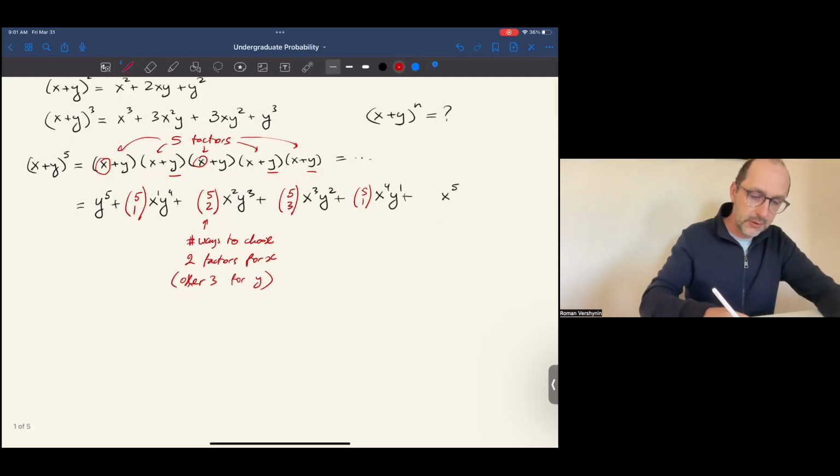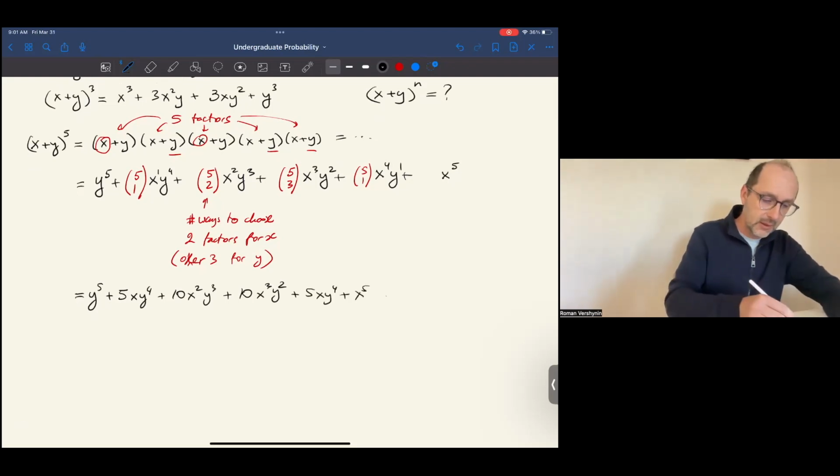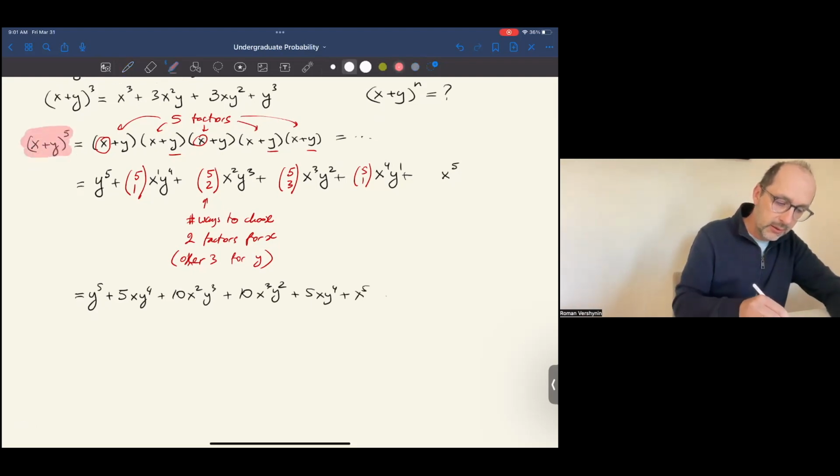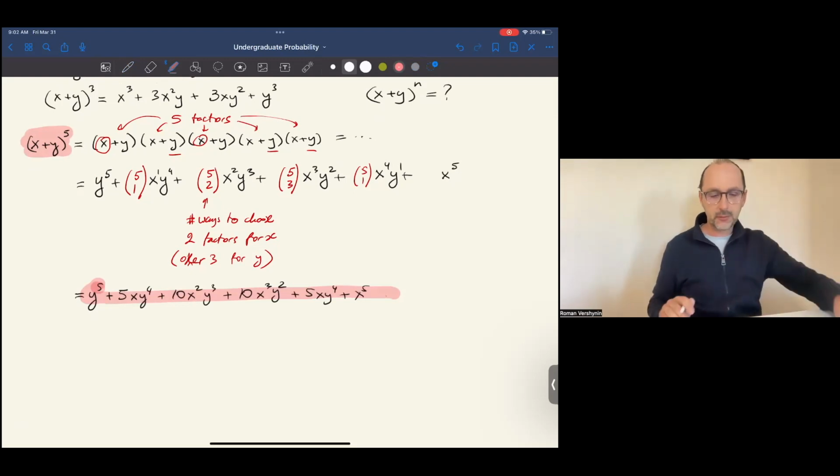And if you compute the binomial coefficients here, you'll get y to the 5 plus 5xy to the 4th plus 10x squared y cubed plus 10x cubed y squared plus 5x to the 4th y plus x to the 5. That is the binomial formula for (x + y) to the 5.